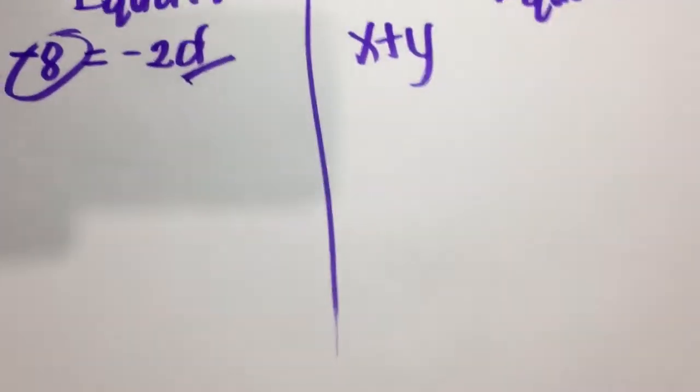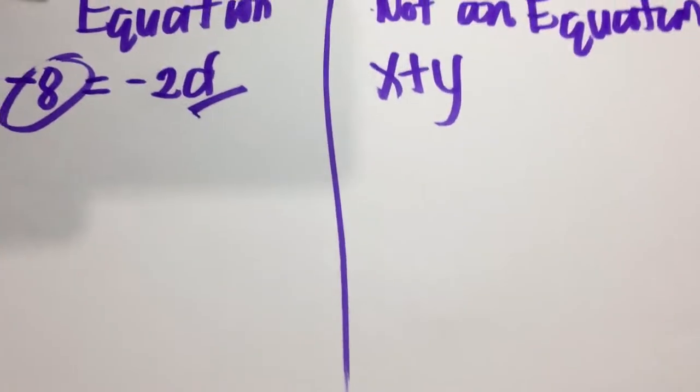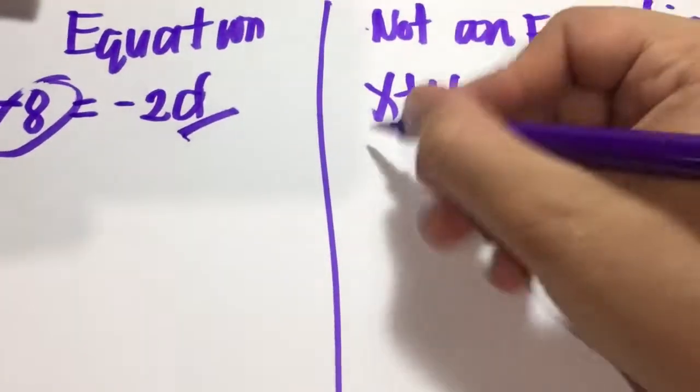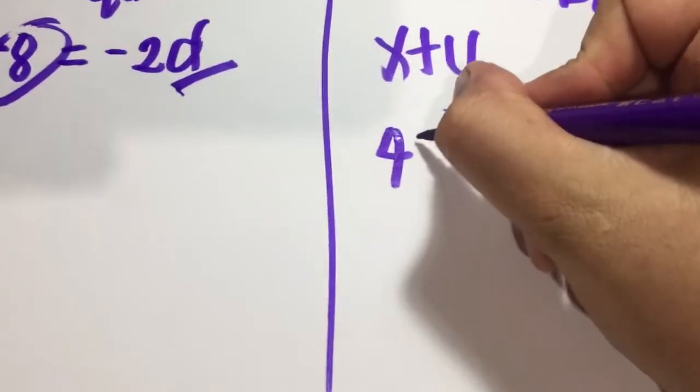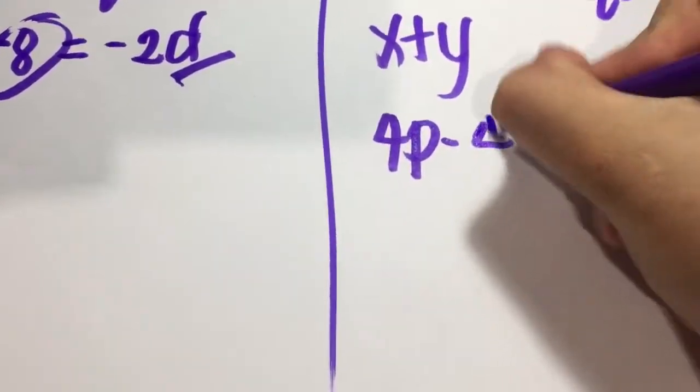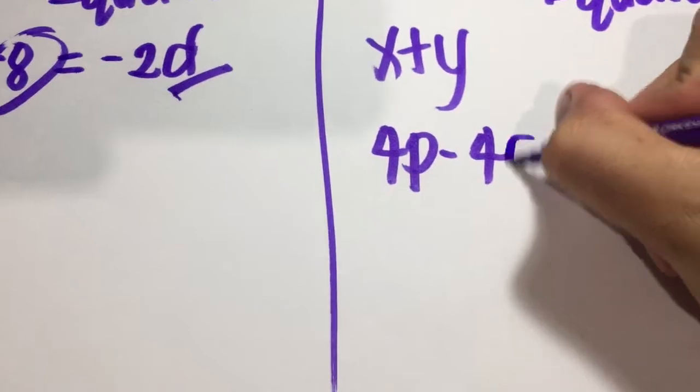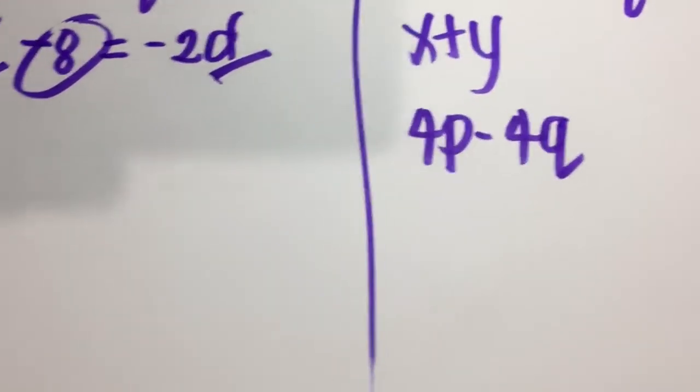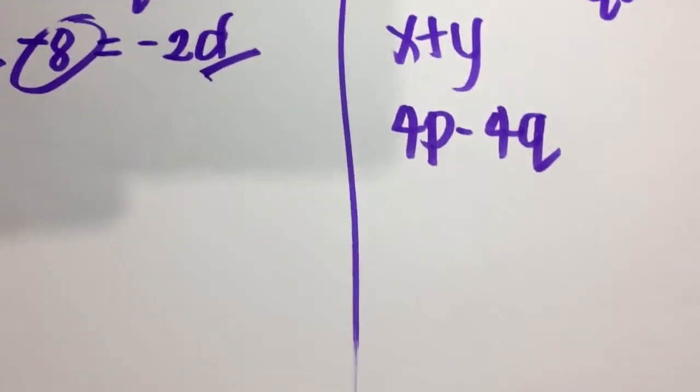Okay. Next example is 4p minus 4q. 4p minus 4q is not an equation because it only contains variables and constants, but it doesn't have an equal sign.